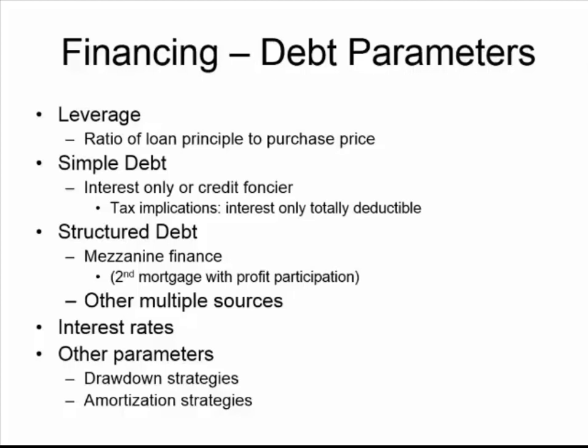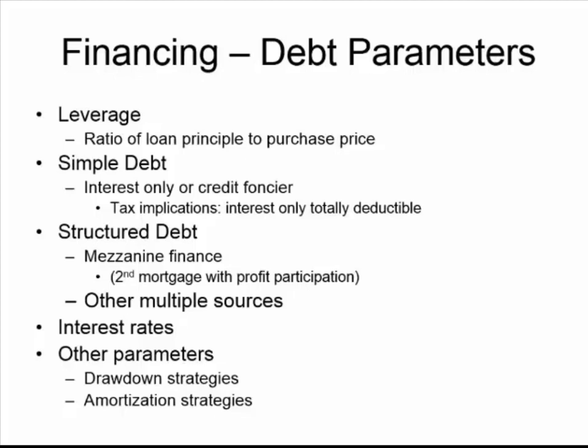It's more risky. There are ways of making it more of an incentive for the lender, such as offering the lender a share of the profits, especially if you're using it in some very profitable activity such as property development and so on. It's just an example of more complex debt.